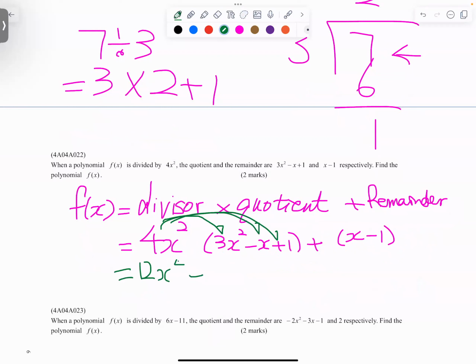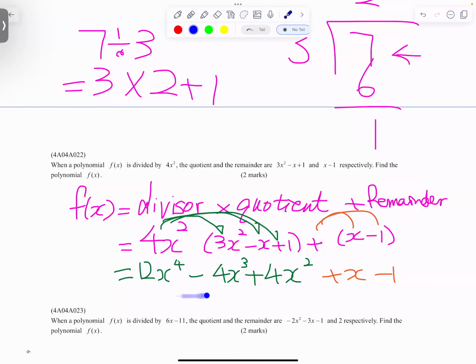12x^4 minus 4x cubed plus 4x squared. And then the thing at the back, we have a plus. So you also give the plus to everything inside. No change. So this goes to all the three things inside first. Done. And then this one also. And afterwards, just compare.